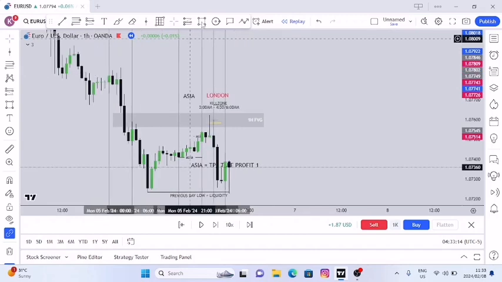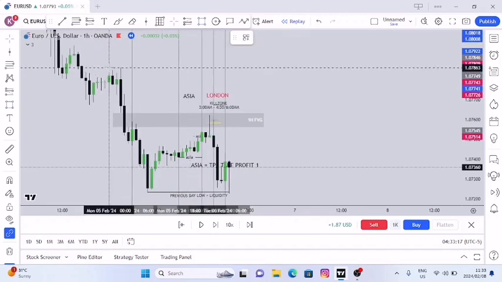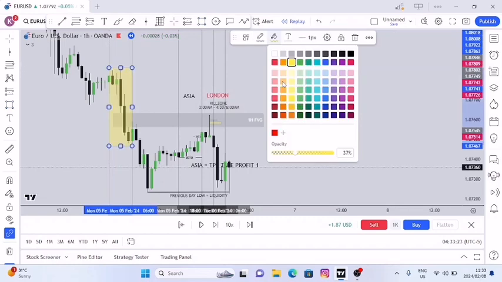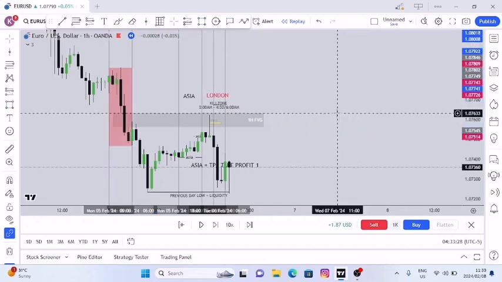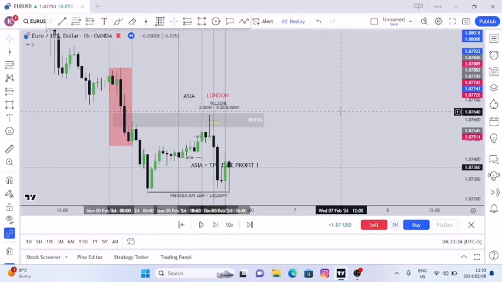And just mark this out like this so that you have a better understanding of it, right? And then just color this in there, right? Now your London session will either create the high or the low of the day. So with this, you can see London raided the high, New York raided the low, right?